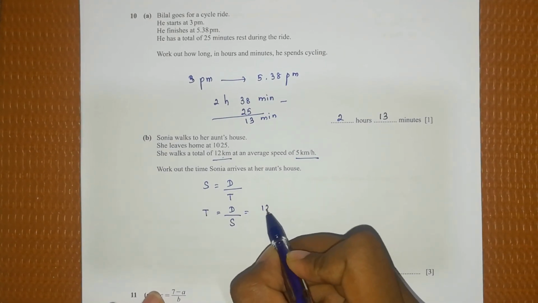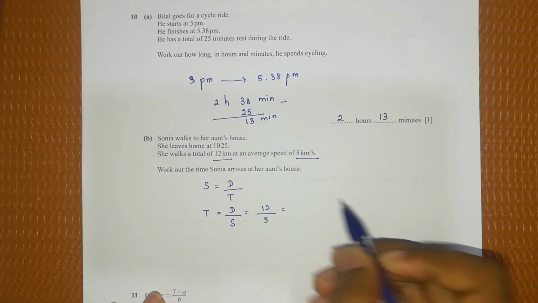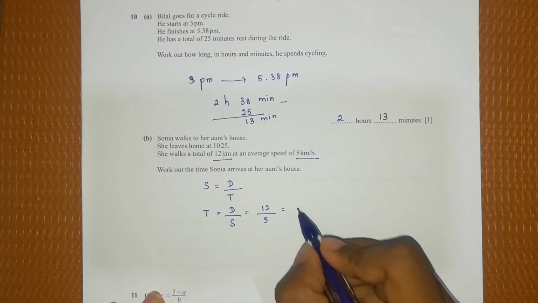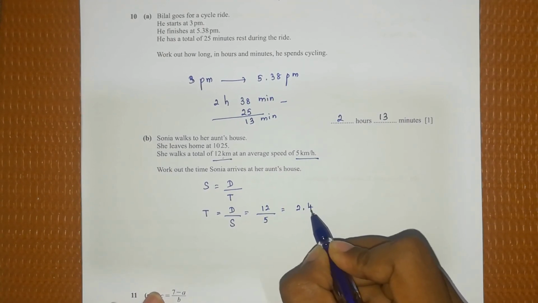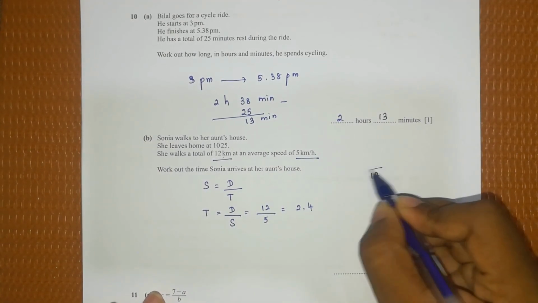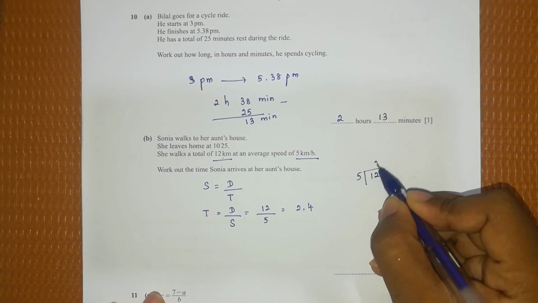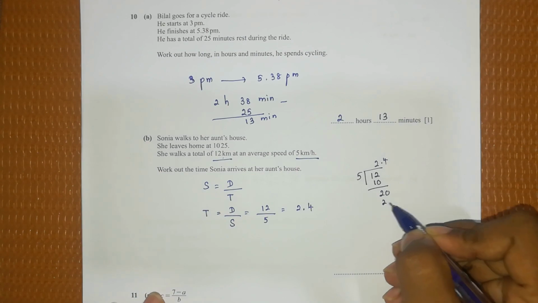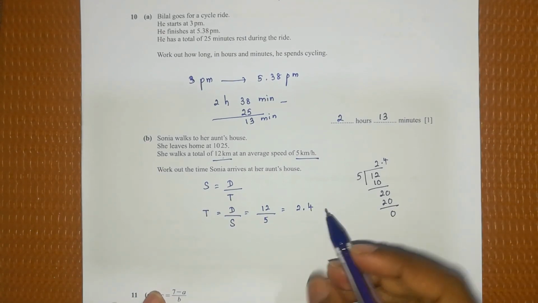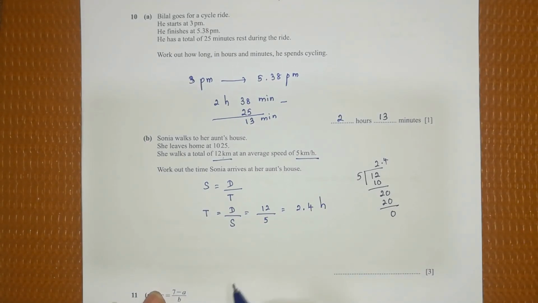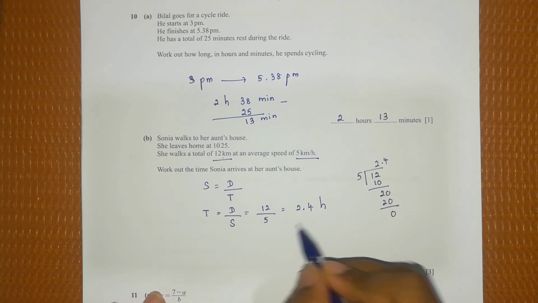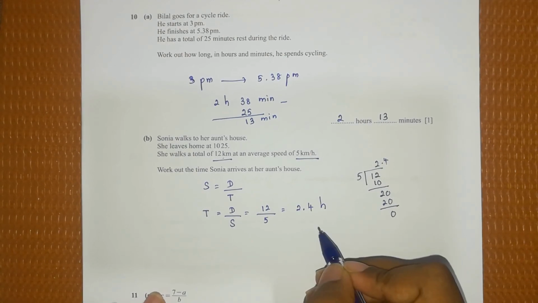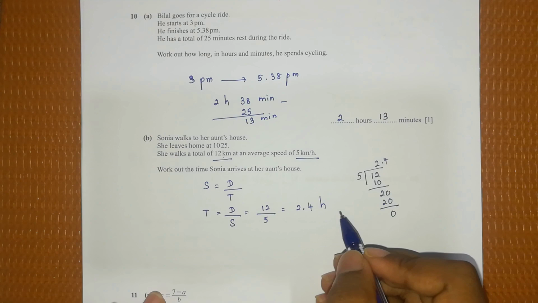So, 12 divided by 5, which is 2.4. 12 divided by 5: 5 times 2 is 10, 20 has 4. So, it's 2.4 hours, which means we can find the time in minutes because 0.4 is there.